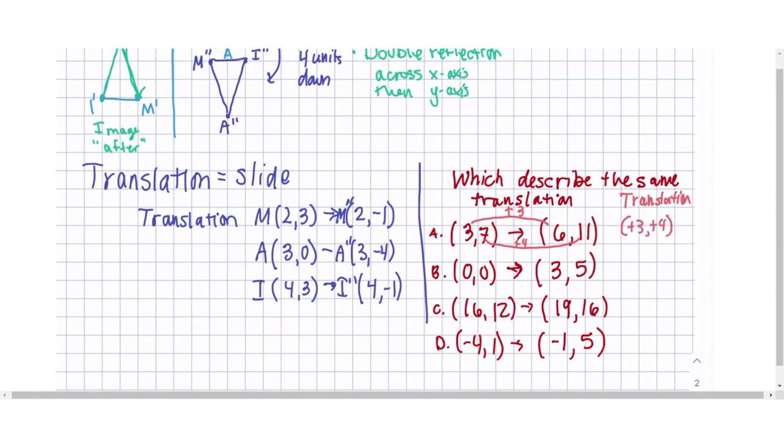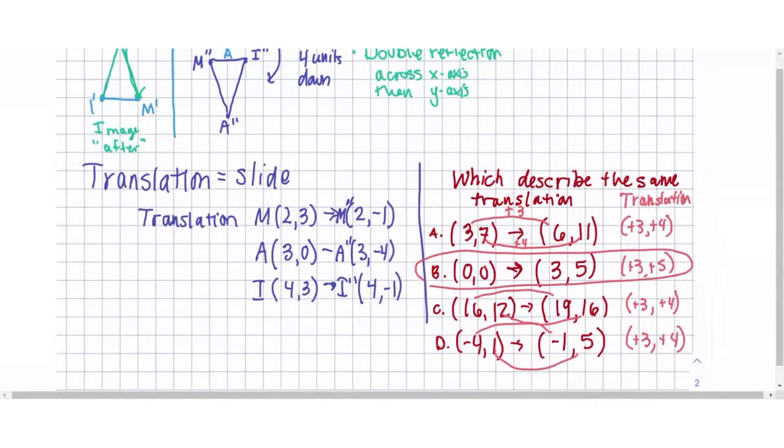For this one, from 0, it's really easy because this would be add 3 and add 5. Let's check. From 12 to 19, we added 3. 16 to 19, added 3. From 12 to 16, we added 4. From -4 to -1, add 3. And from 1 to 5, we added 4. So you are correct indeed. B is the one that does not fit. This one is not like the others. Okay, good.